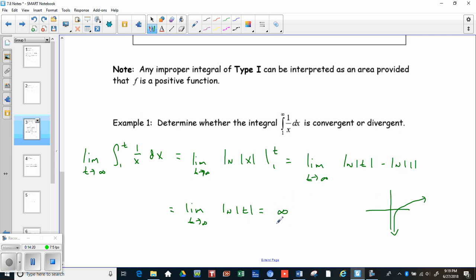And since this approaches positive infinity, which is not a finite value, this is a divergent integral. So the integral from 1 to infinity of 1 over x dx is divergent. It does not approach a finite value. Again, that's a very, very important concept. We'll do plenty more examples.